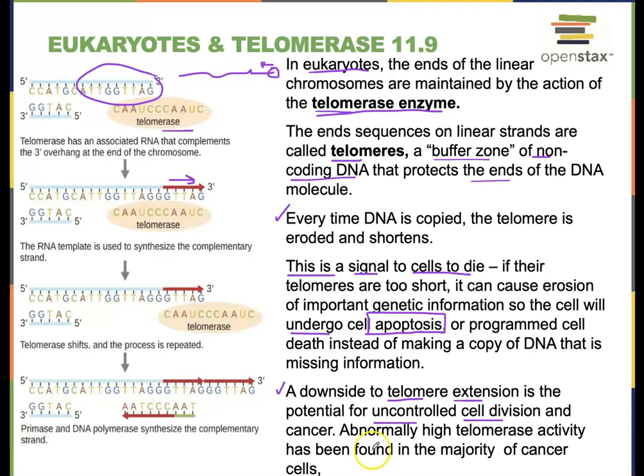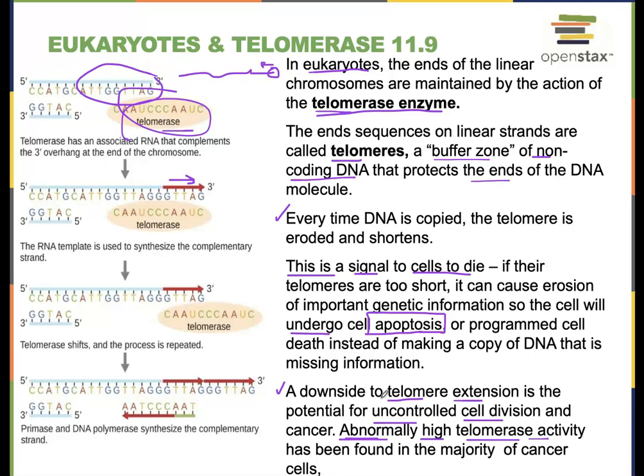Cancer cells have abnormally high telomerase activity, meaning that they keep putting on more and more telomere, and so the cell never gets the signal to apoptose or to die, because the telomeres keep their nice big long length. So something to think about. There's a lot of cancer research in this telomere area. So that's interesting, but only in eukaryotes, right?